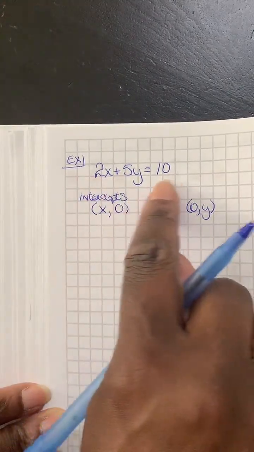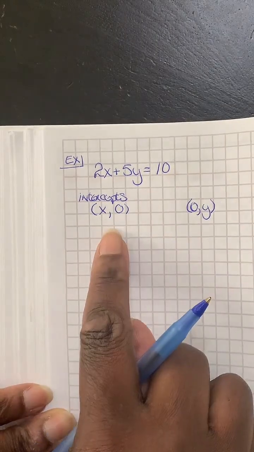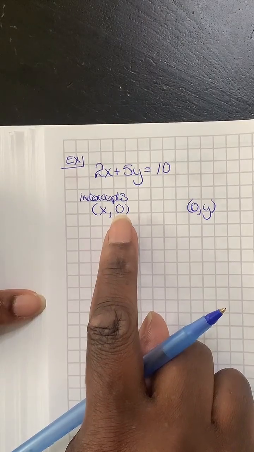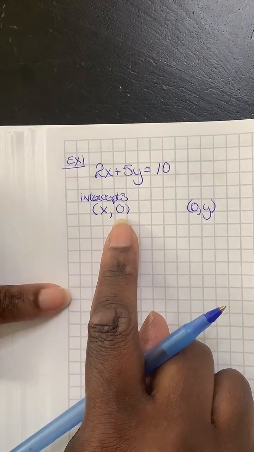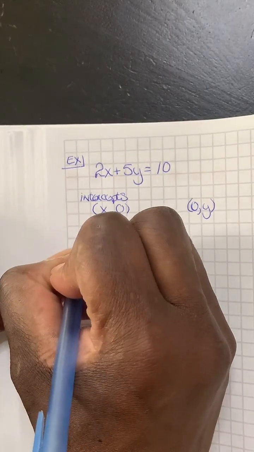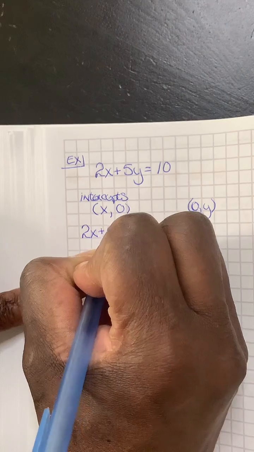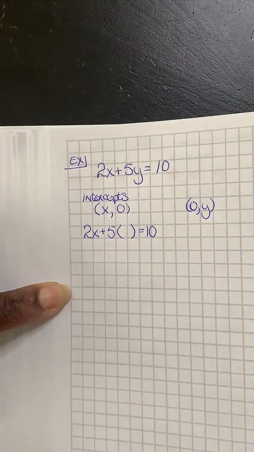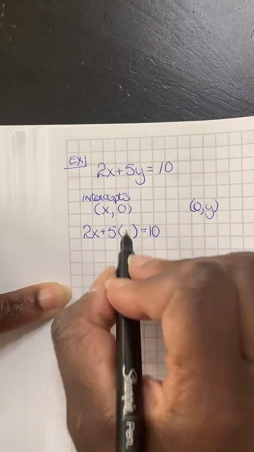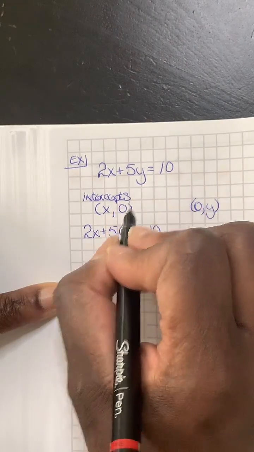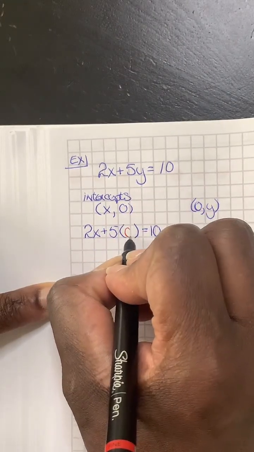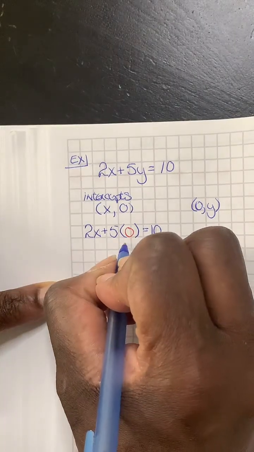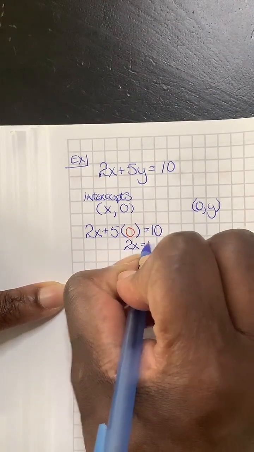All right, so we're using this original equation, and we are going to substitute the 0 for wherever we see a y value. So that means we have 2x plus 5 times a number equals 10. Now, the number in this case is replacing y with the 0. So now we have 2x is equal 10.